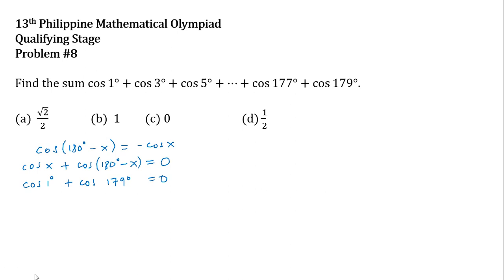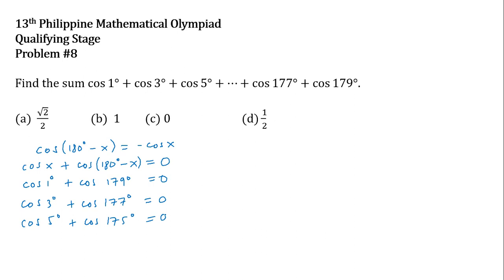So if we also substitute x equals 3 degrees, we get cosine 3 degrees plus cosine of 180 degrees minus 3 degrees, that's 177 degrees, and that's equal to 0. Again, one more, if we have x equals 5 degrees, we have cosine 5 degrees plus cosine 175 degrees equals 0.